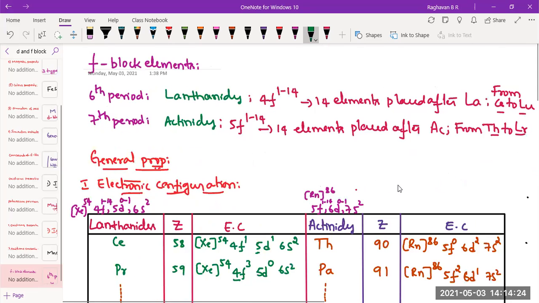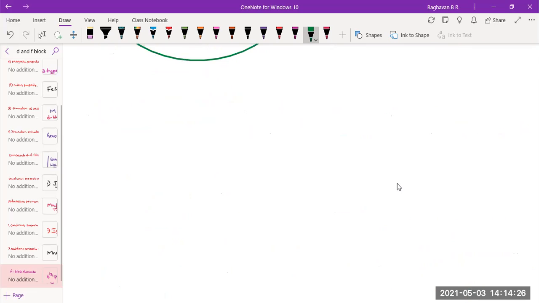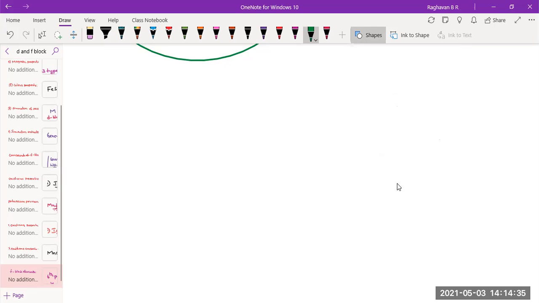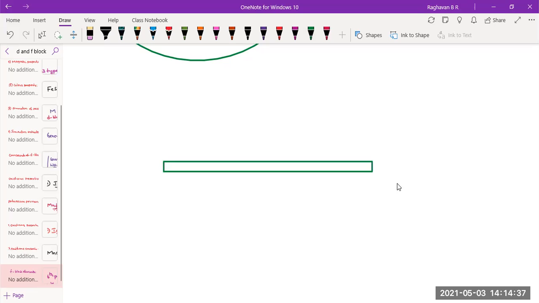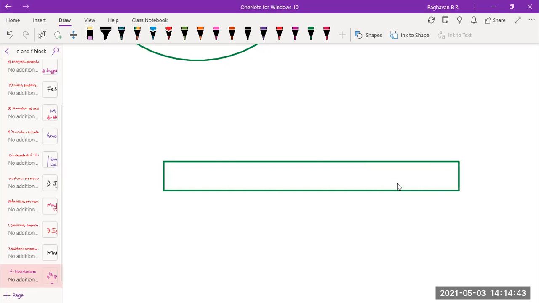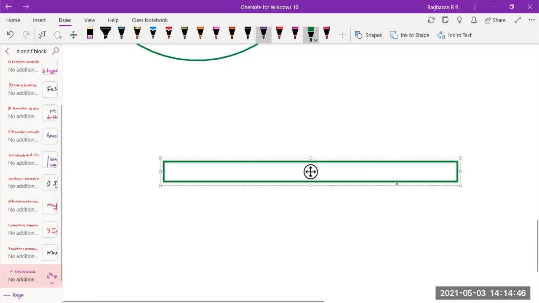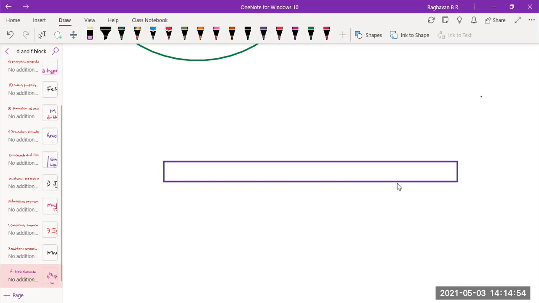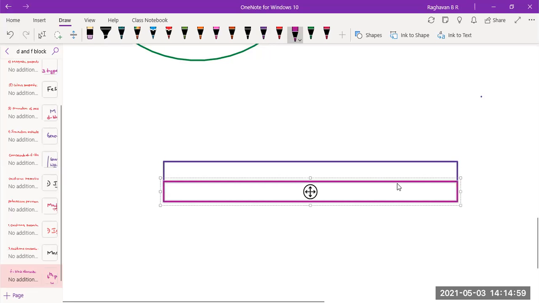If you see the periodic table, I'll write just the 6th and 7th period.